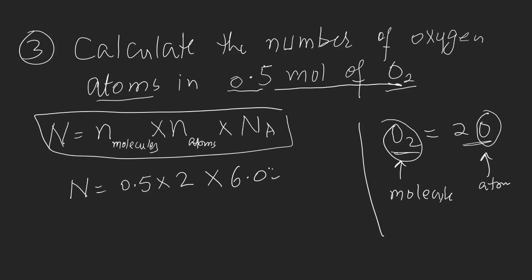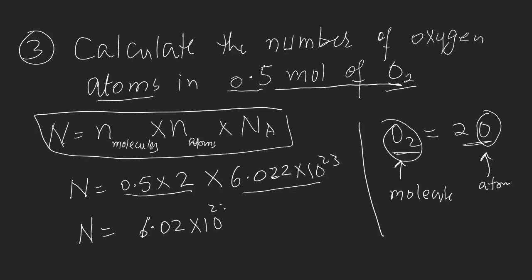And then 6.02 times 10 to the power 23. So this will give you basically the same number. N is equal to 0.5 multiplied by 2 becomes 1, and 1 multiplied by this number is the same number, 6.02 times 10 to the power 23.